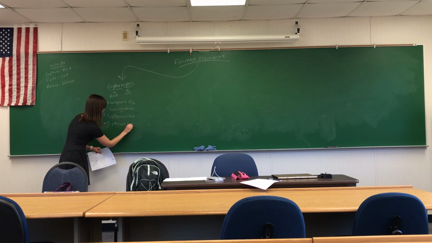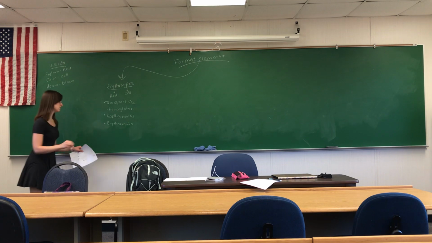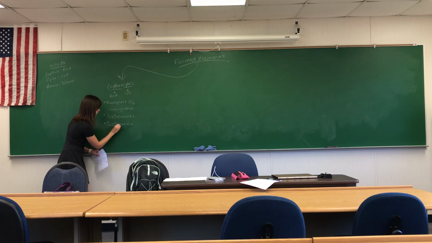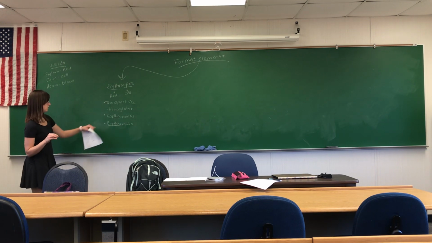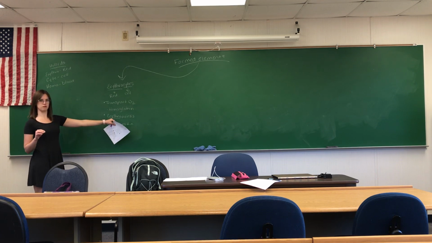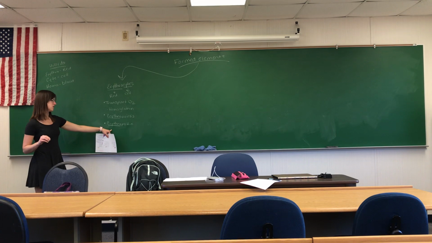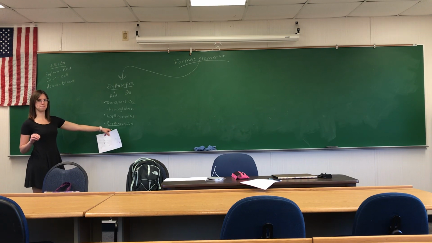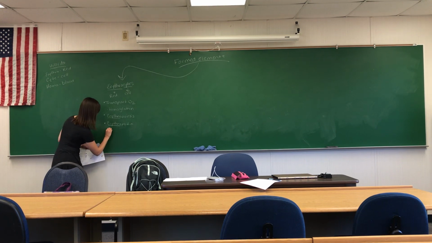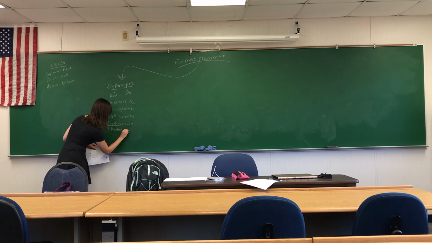Erythropoietin is the hormone that's going to stimulate erythropoiesis. And erythropoietin is released from where? It's released from your kidneys.